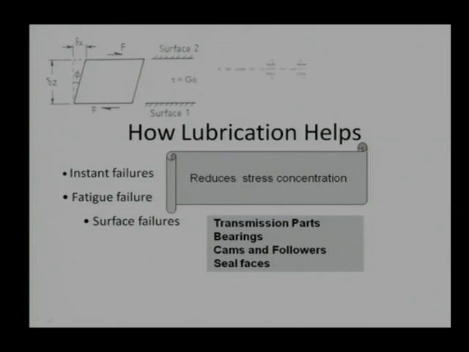And if I replace this constant, the shear modulus, with eta, which is viscosity in this case, I am taking the example of a liquid, and assuming it is a Newtonian liquid. Then the shear stress tau can be given as viscosity into shear rate.